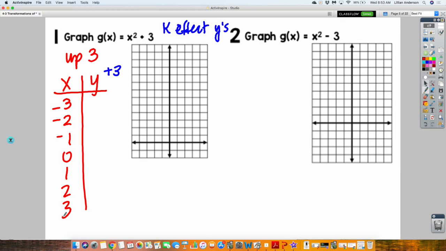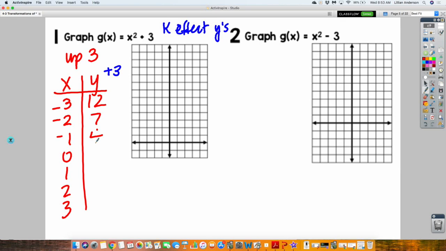Look at the table for the original graph. You see those y values? Add 3 to them. What's 9 plus 3? 12. What's 4 plus 3? 7. What's 1 plus 3? What's 0 plus 3?